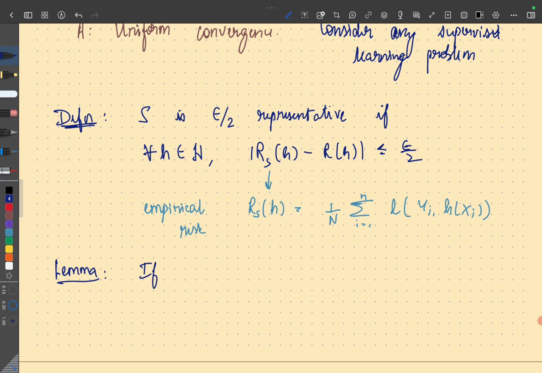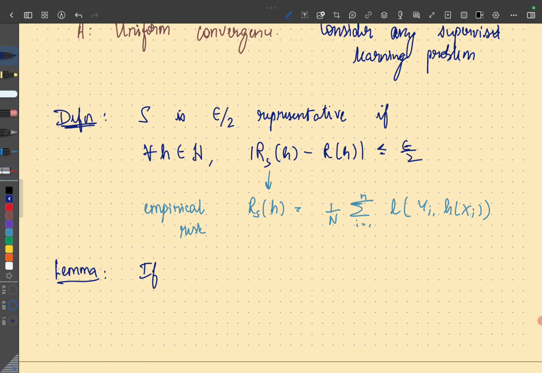No. This is close for every H. Suppose that I evaluate the empirical risk for every single hypothesis within the class. Then the value of the empirical risk is close to the generalization error for that particular predictor.